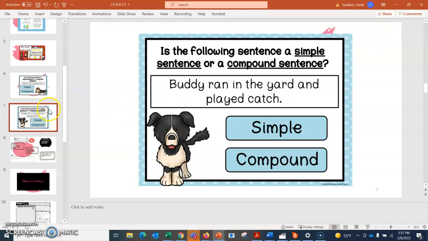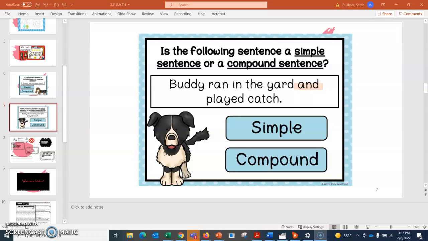Now we want to look at this sentence. In the following sentence, we see the word and. Okay? So let's look at that a little bit. I'm going to highlight that. We see and. That could be a clue that we're talking about a compound sentence, but we still want to make sure.